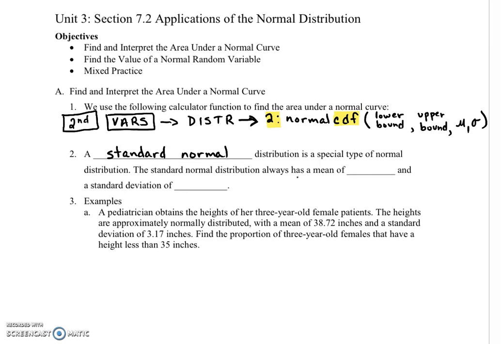And so sometimes they won't give you a mean and a standard deviation. They will tell you that you have a standard normal distribution. Standard normal distributions always have a mean of 0 and a standard deviation of 1. Always. But only if it says standard normal.